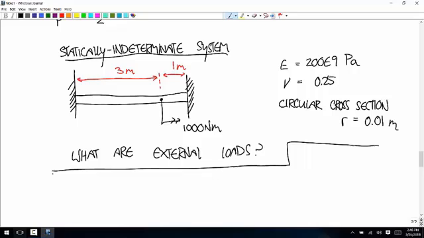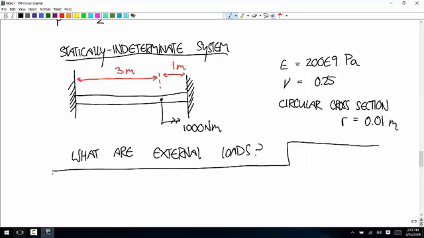And then we're going to do our cuts, figure out the internal torque on this section and the internal torque on this section. Then we're going to calculate the angle of twist based on these variable values for internal torques. And then we're going to say, well, what's the total angle of twist as you go from here to here?